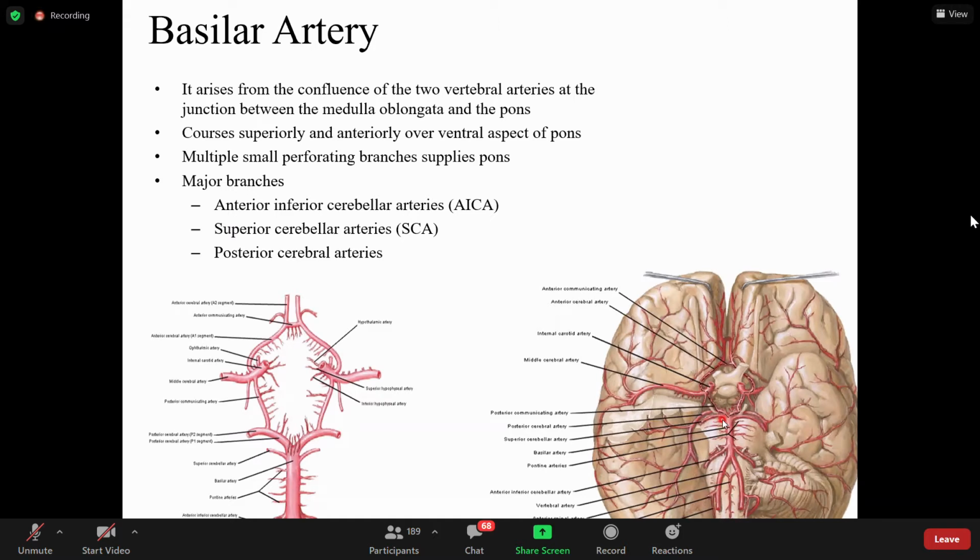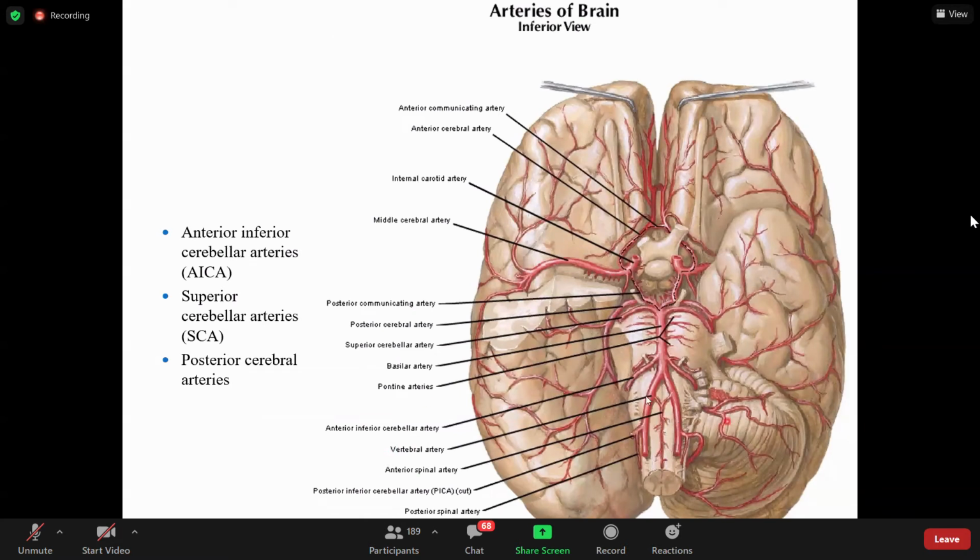So supplying the cerebellum, you will have three branches: superior cerebellar, AICA, anterior inferior cerebellar, and PICA, posterior inferior cerebellar artery, from the vertebral. Here they are: PICA, AICA, and the superior cerebellar.